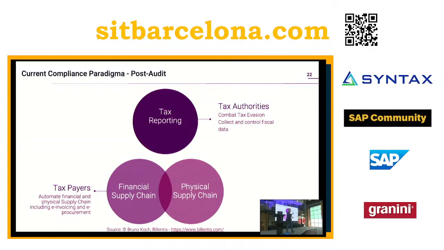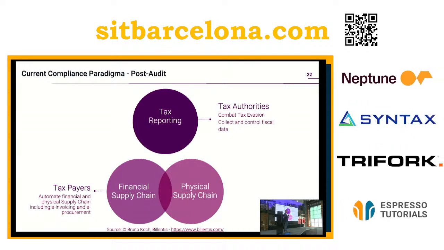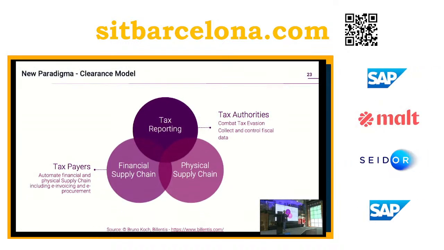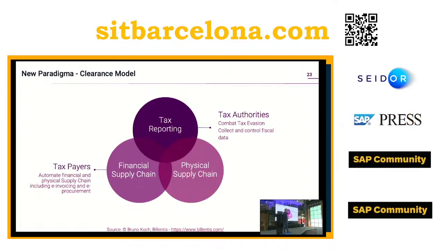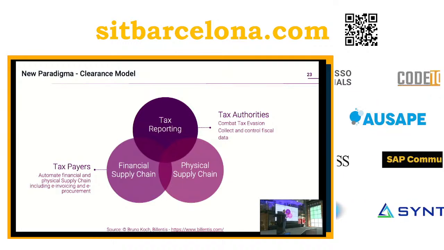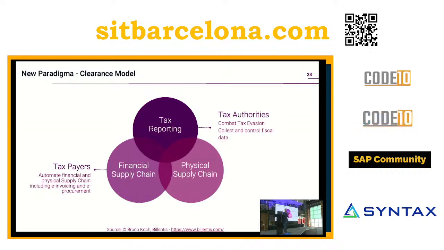This is what is happening nowadays, except with Spain. Spain is not anymore post-audit. But it doesn't matter, worldwide it is this. And now there is a new paradigm, which is called the clearance model, where we also connect the tax authorities with the taxpayers. So real-time financial data is exchanged with the tax authority.